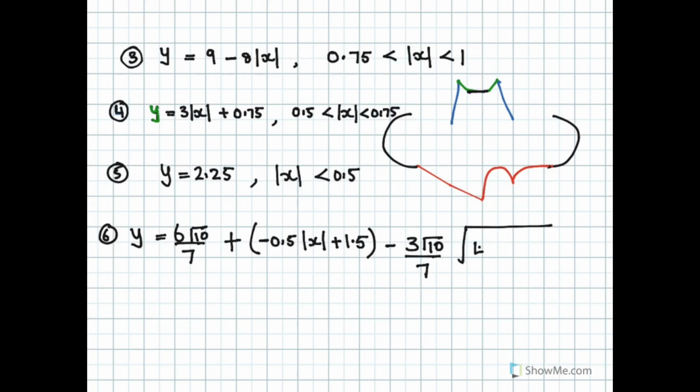And then put the root sign, and inside the root sign you put 4 minus, put the bracket mod x minus 1 the whole square, and that is going to give you 2 curves. Again restrict modulus x between modulus x greater than 1, and you are now going to get the 2 curves just like that, not this part and this part, and that will complete our diagram of Batman.